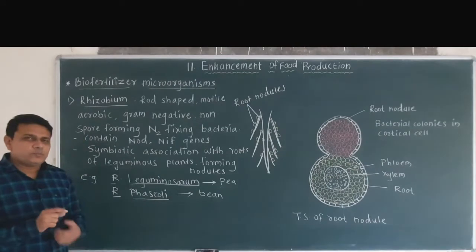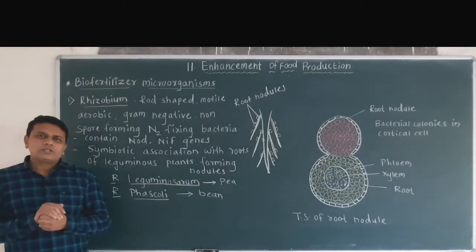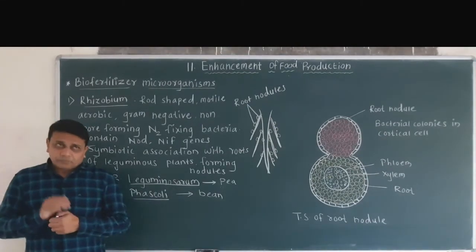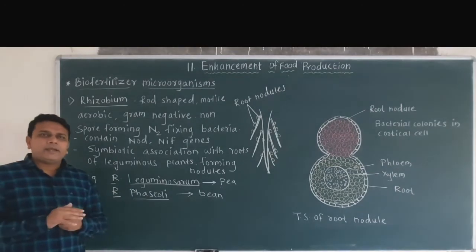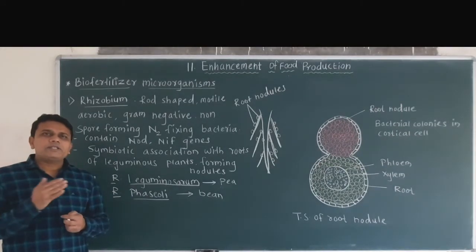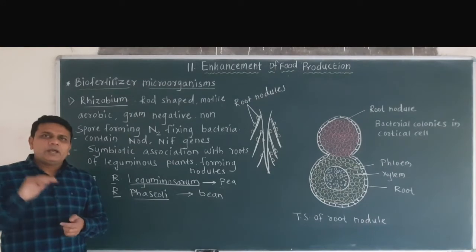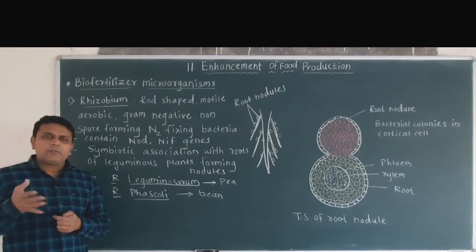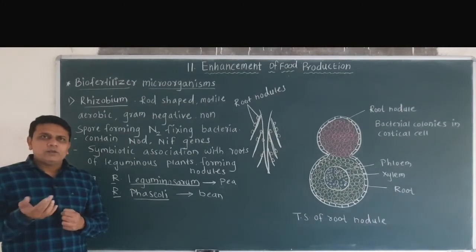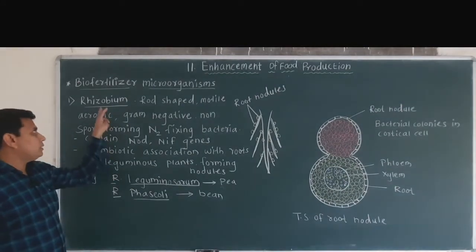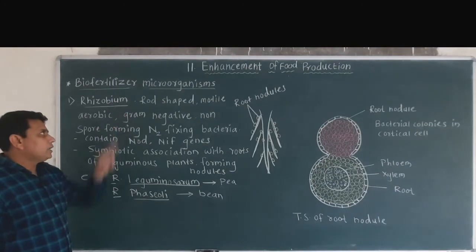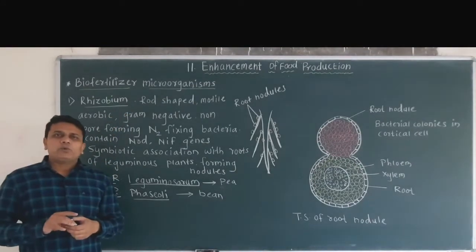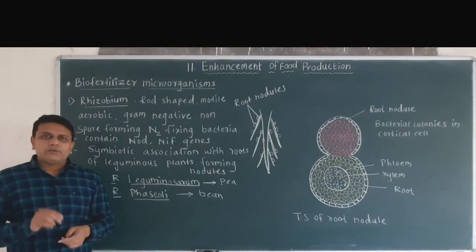So these rhizobia bacteria are host specific. Rhizobia bacteria help to increase the fertility of the soil, as some amount of soluble nitrogen gets mixed in the soil. So rhizobia are the important bacteria which help in the process of nitrogen fixation.